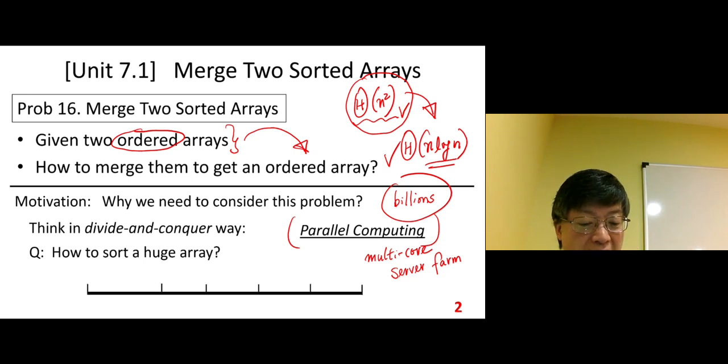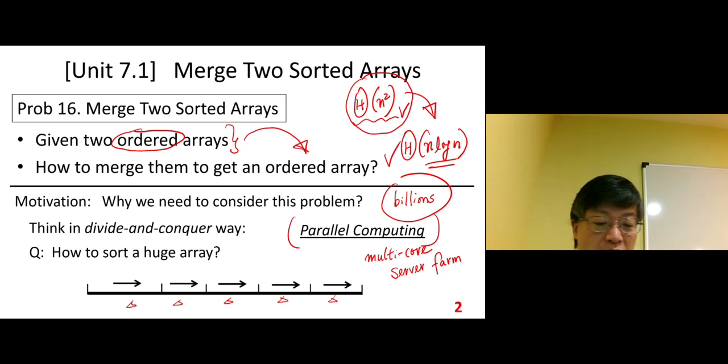Let's divide it into many smaller subarrays. Then for each subarray, because the size is relatively small, we can use some sorting algorithm to sort it easily. So let's assume we sort each subarray in a normal way.